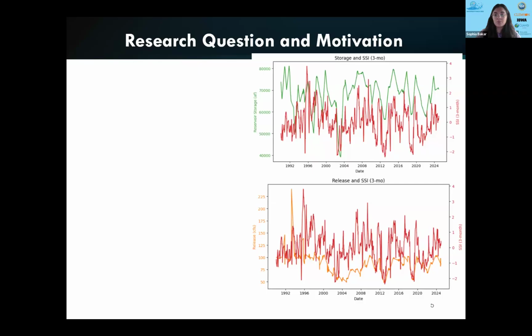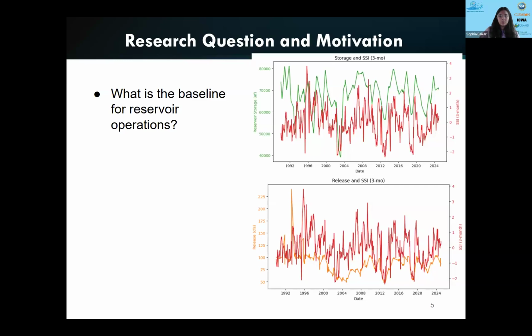The red shows streamflow drought index values, in green we have reservoir storage, and in orange we have reservoir release. What we're really focused on is seeing if we can use a combination of baseline reservoir operations and predicted drought index values to improve reservoir release timing and thereby improve resilience of reservoirs to drought.